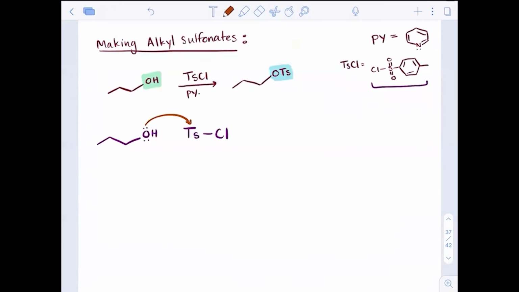When we attack that TS group and kick off the chlorine, we are attacking the sulfur and kicking off the chlorine leaving group on that sulfur, so that we can create a more stable leaving group. Alcohol OH is a very, very poor leaving group. So we get the TS group on there.